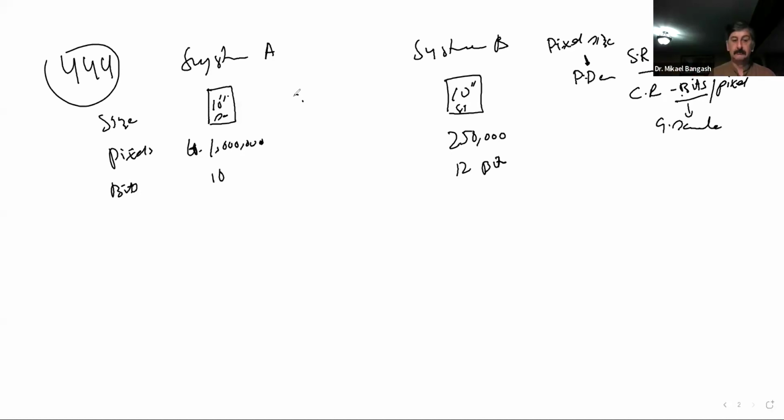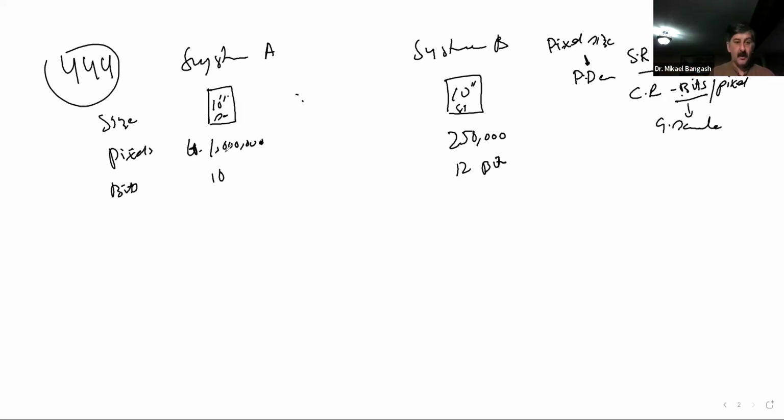But how do we determine that? Mainly because it was the same size picture. We have not magnified it.